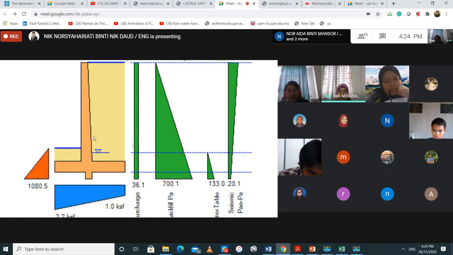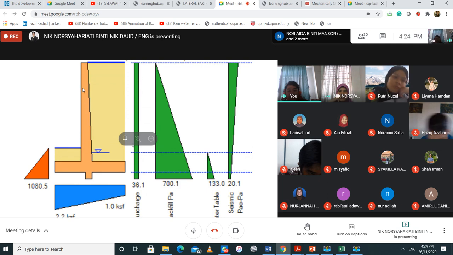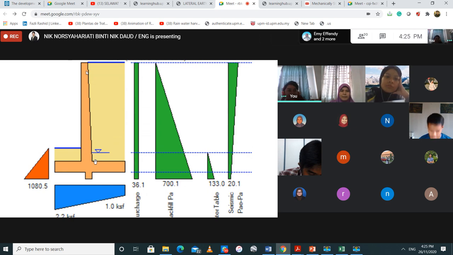Untuk stem tu ke? You masukkan macam mana dalam you punya spreadsheet? You ambil yang straight line tu ke yang slender punya tu? Yang saya bagi tu straight.